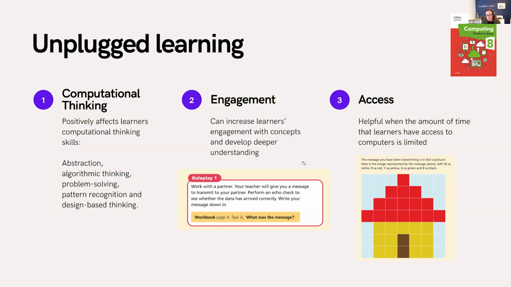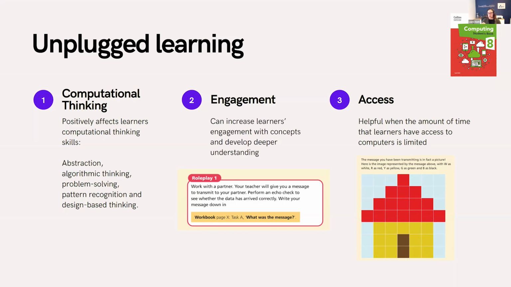As an example, this role play is from one of the books as well, and the subject is about an echo check, which is a fairly abstract notion for a 12-year-old or 13-year-old. That's not something that they will necessarily come across in their day-to-day life. So why would they have any thought or any relation to that?